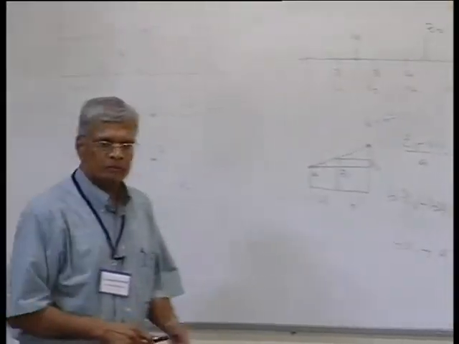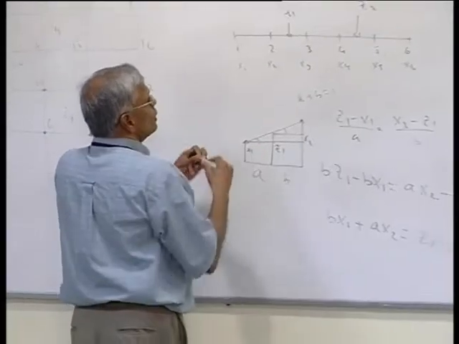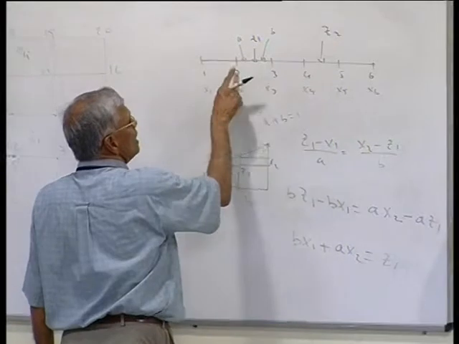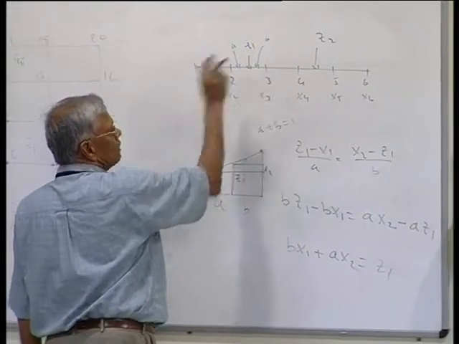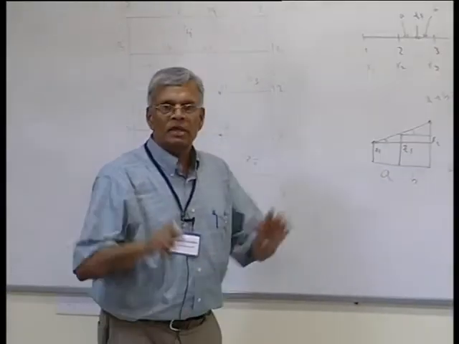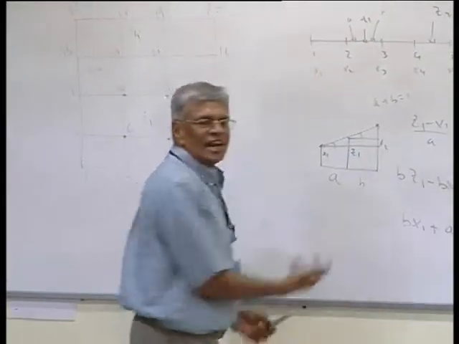How many follow me? Come on, guys. So if there is one observation here, and this length is a and this length is b, then b times x2 plus a times x3 is equal to z. How many follow me? So how many such relations do I have?